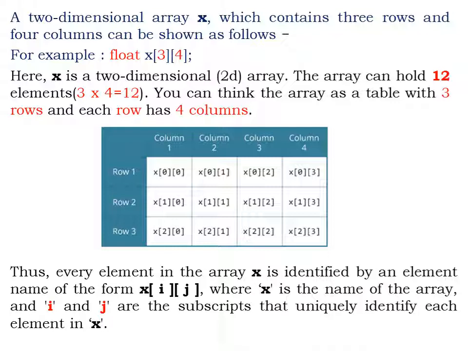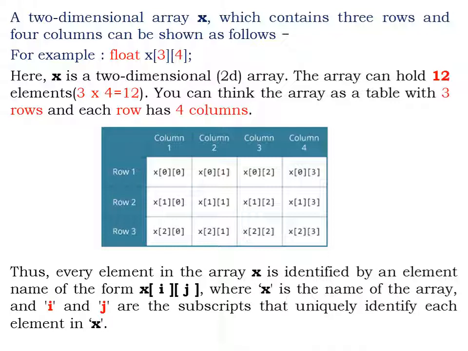You can think of the array as a table with 3 rows and 4 columns as shown in the figure. Here we can see that we have 3 rows, row 1, row 2, row 3, and 4 columns, column 1, column 2, column 3, and column 4.